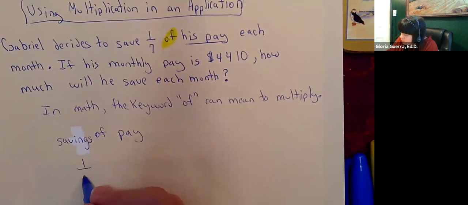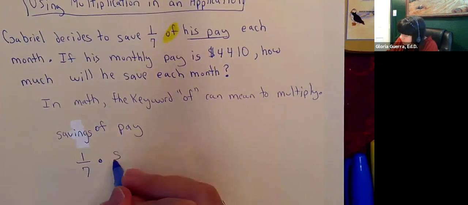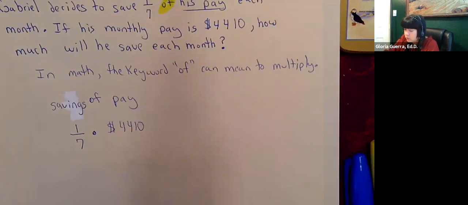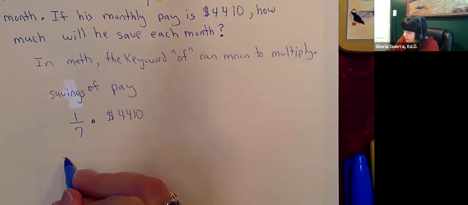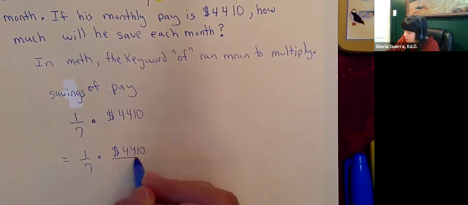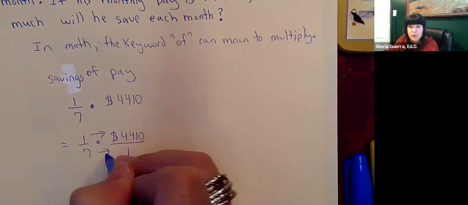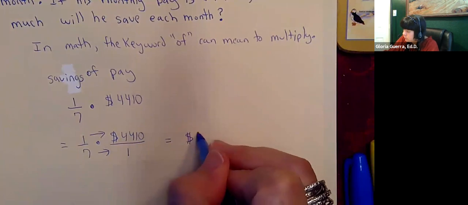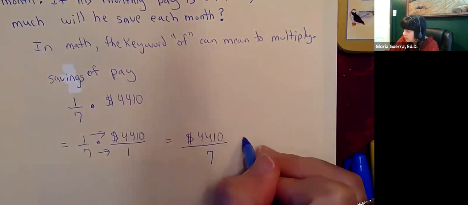So the savings is 1/7 of, and then the pay is 4,410. And then you can write this over 1. Okay, and then you can multiply straight across. So 1 times 4,410 is 4,410, and 7 times 1 is 7.